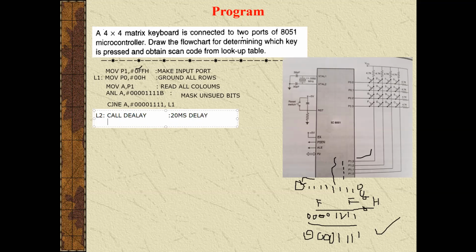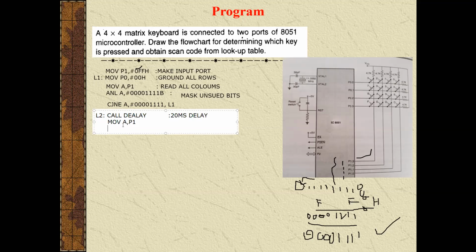After that, we are checking if any key is pressed or not. We will check with the same procedure we did in loop 1. So I am loading P1 into A. If any key is pressed, the data on this port will not be high and this data will be changed. Those data I am loading from P1 into the accumulator.